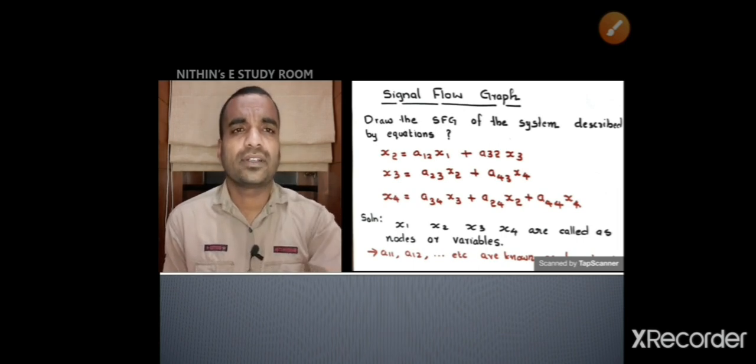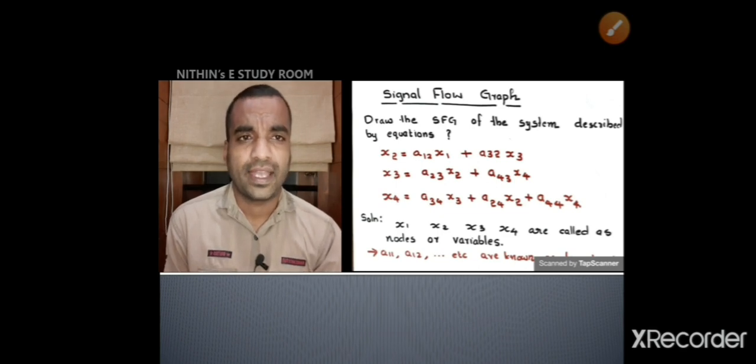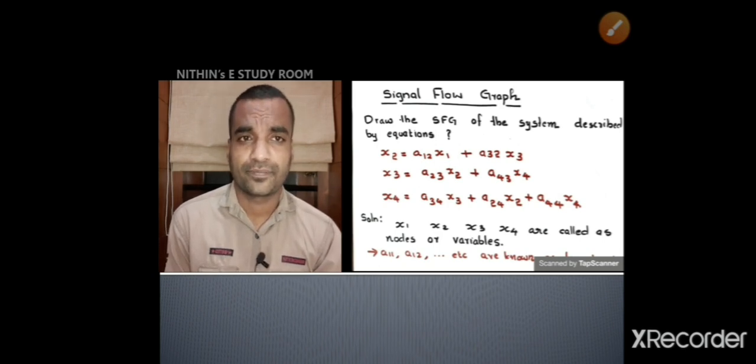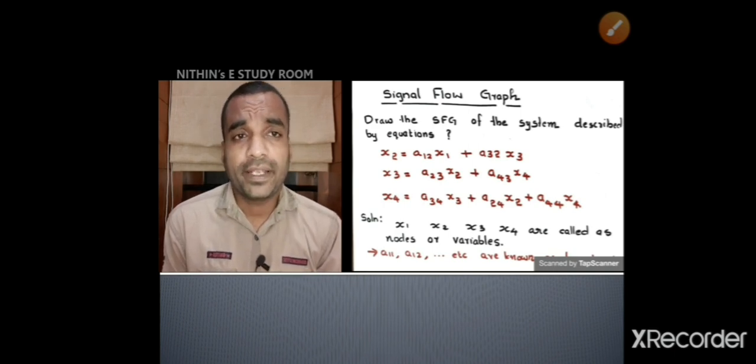I have given 3 equations, for x2, x3, x4, and we are asked to draw the signal flow graph of the system described by these equations.